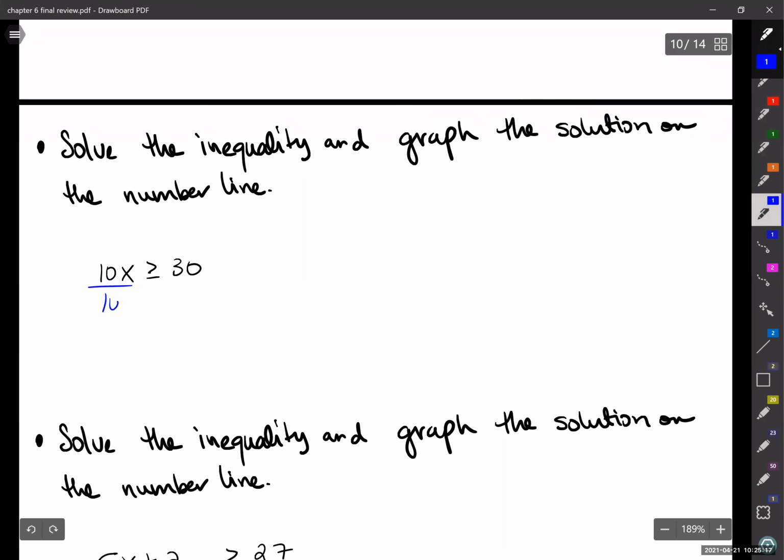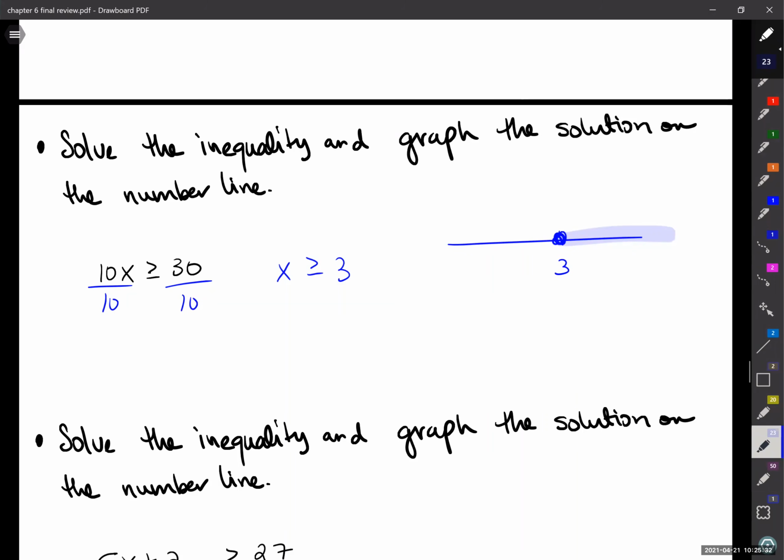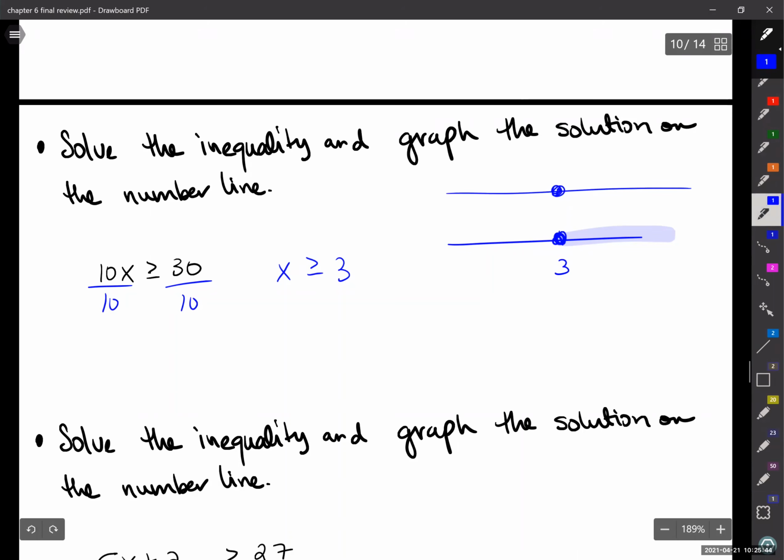Here we'll divide both sides by 10. X is greater than or equal to 3. Or equal to solid, and then greater than, we're shading to the right. Now do remember on these ones, as you take the final exam, when you see these problems, that you'd want to pay attention to slight details, because definitely this would also be an option, right?